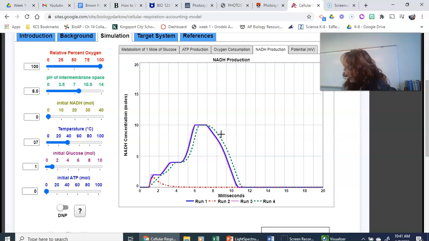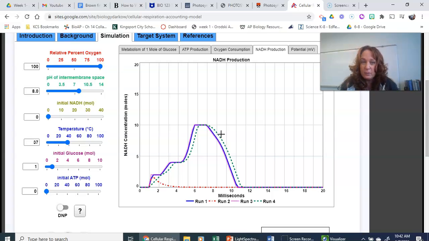So I'll write that again. So NADH took longer. Now, if you want to be more mathematical, you can just put that there's a shift to the right, and it looks like the shift is probably, I don't know, a shift of maybe 1 millisecond, but there's a shift to the right.